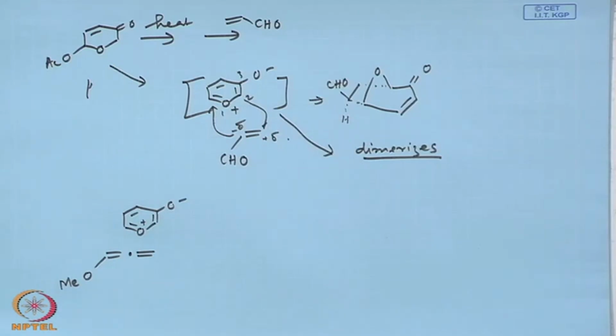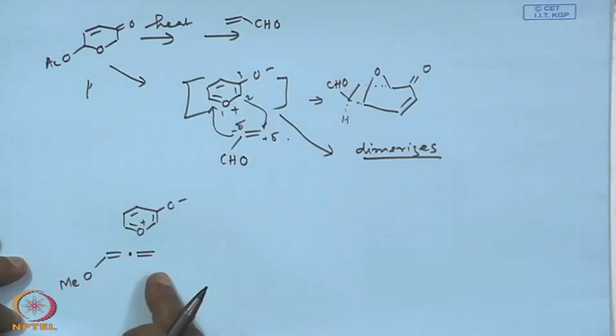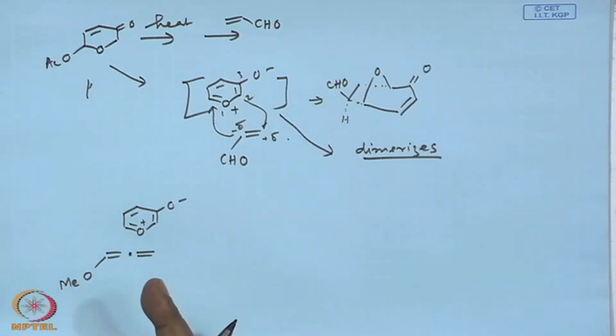So long we have seen the examples with alpha beta unsaturated aldehyde, and then we have seen this vinyl ether. In this case, it is not a vinyl ether, it is simply an allene. Now, you have two different kinds of double bonds.